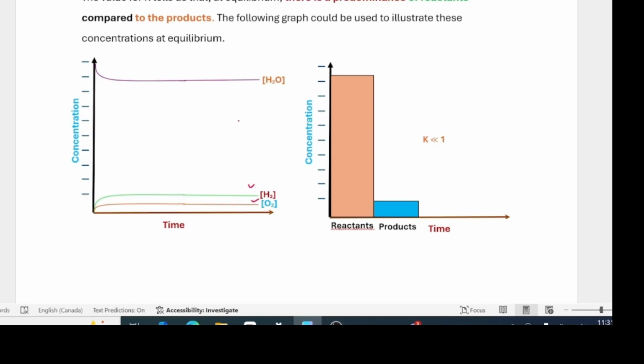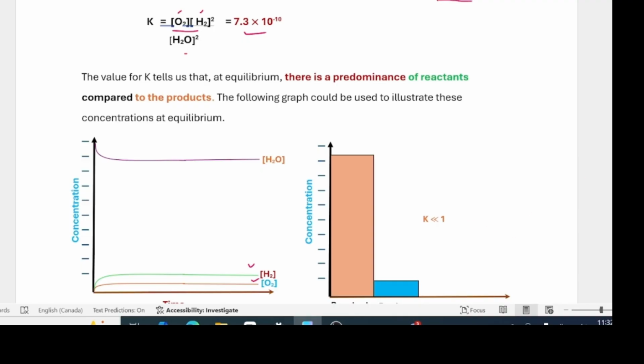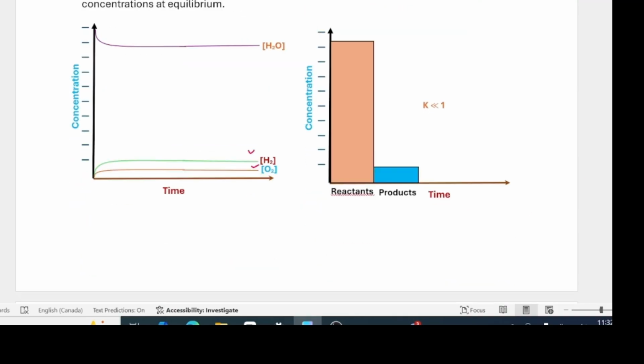Notice how the rate of production of hydrogen is twice that of oxygen, and the rate of decomposition of water is the same as that of hydrogen. In this case, you can see that the equilibrium is towards the reactant side. You have a huge concentration of the water remaining there, and only small concentrations of hydrogen and oxygen being formed. In this case, K is very much smaller than 1.